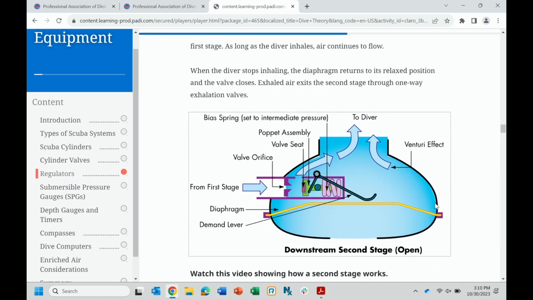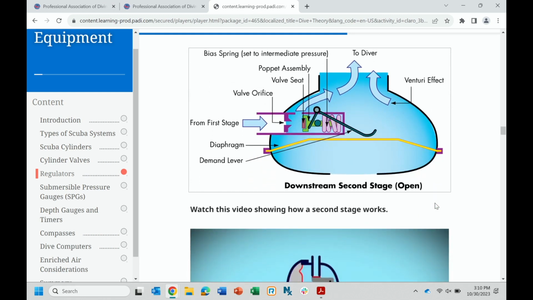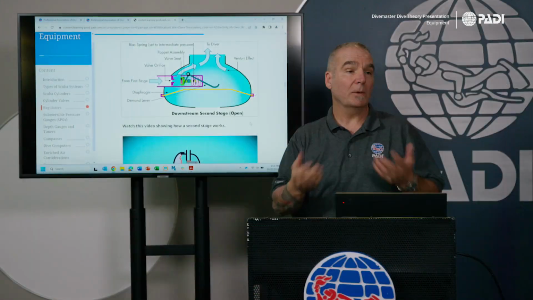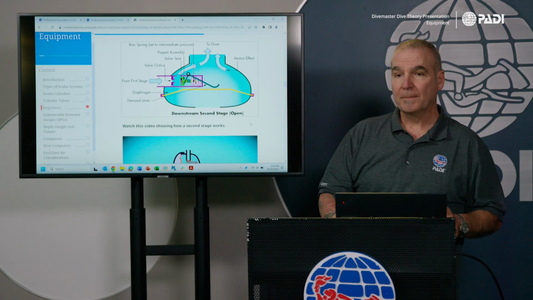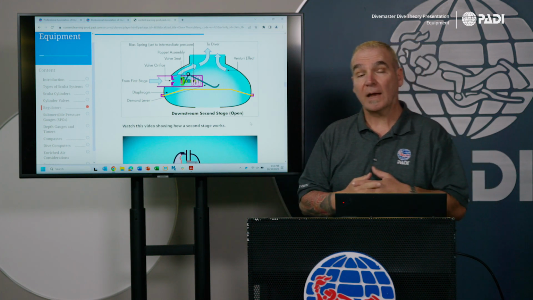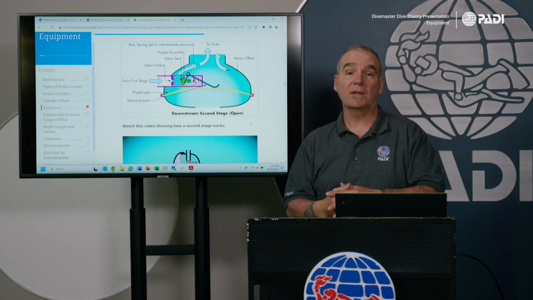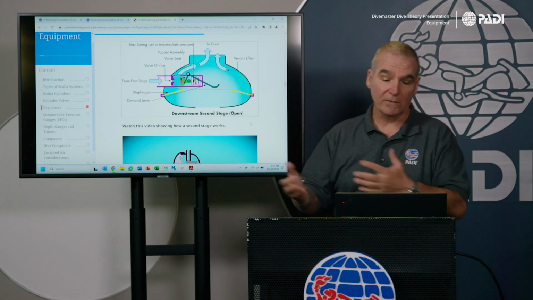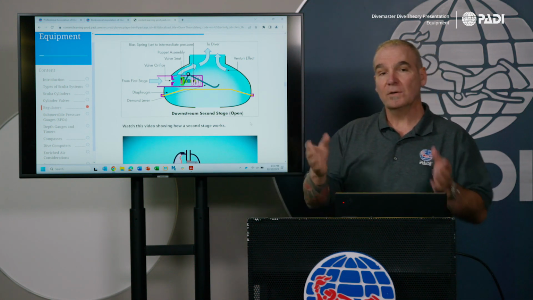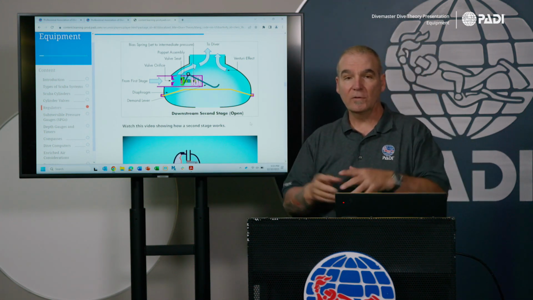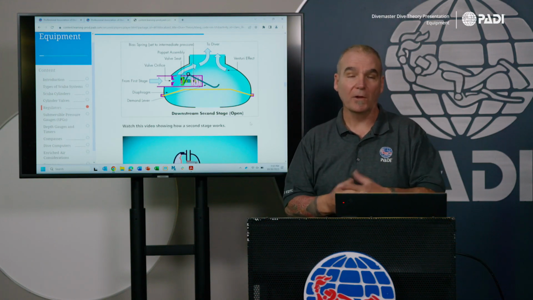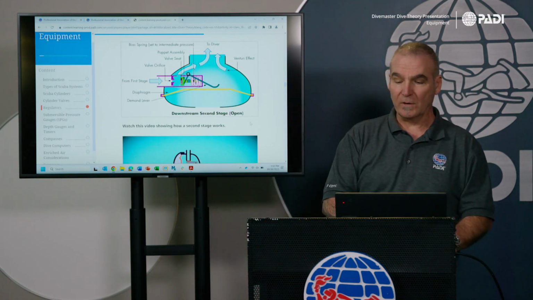And then a lot of information about the second stage, right? How they work. The downstream valve is another really cool thing to discuss to put people at ease when they function as dive masters, looking after the divers and reminding them that because of the downstream valve, if anything would occur, it usually results in a free flow and not stopping the air coming out.